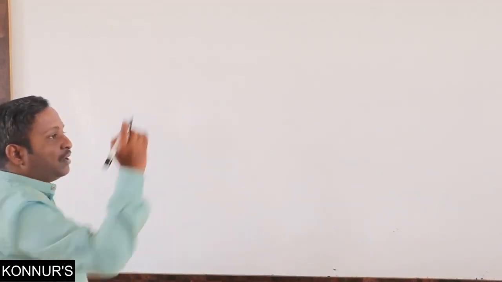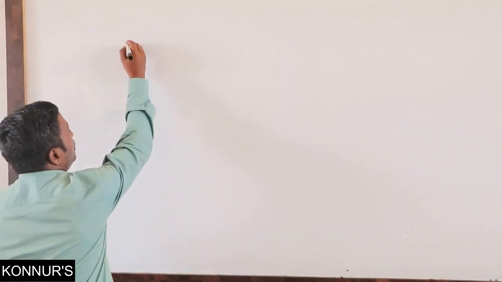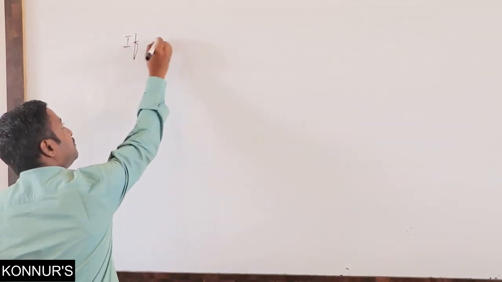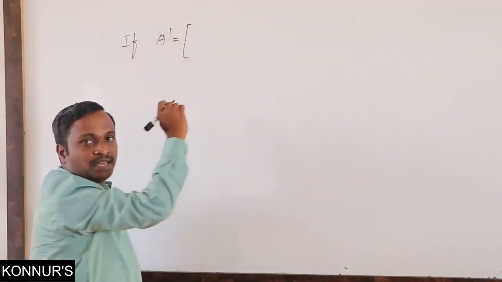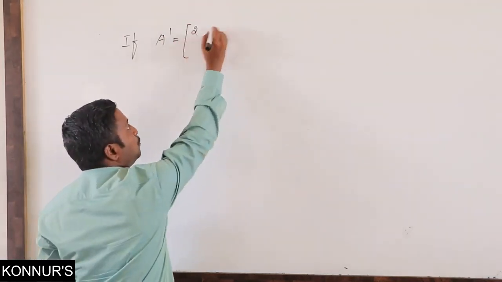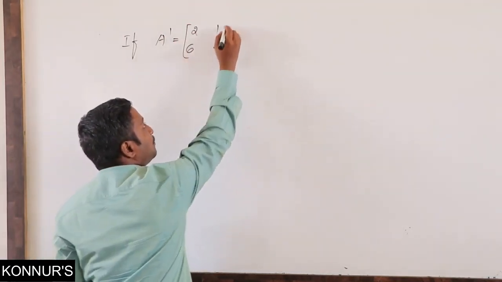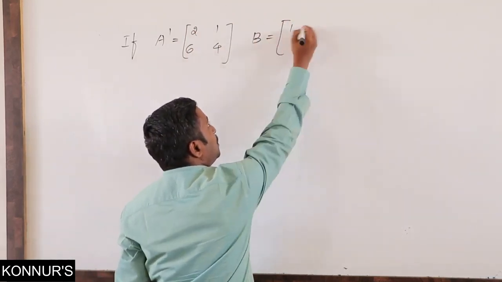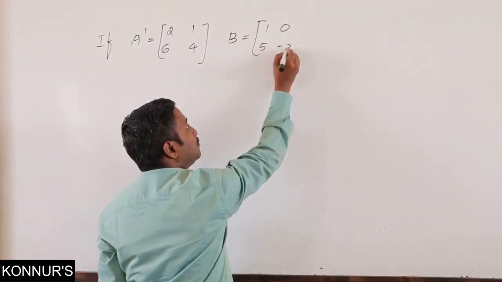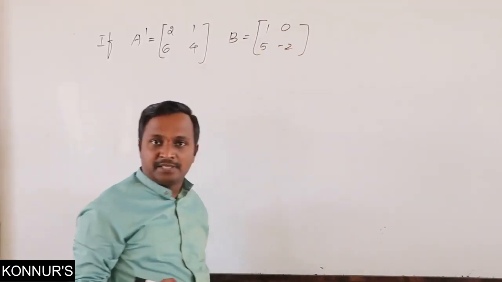Next, we can observe he may ask a question like this: if A dash is equal to 2 1 6 4 and B is equal to 1 0 5 minus 2. This is the B matrix.